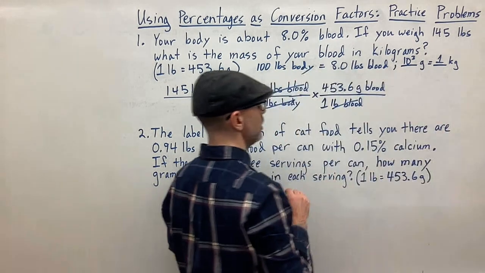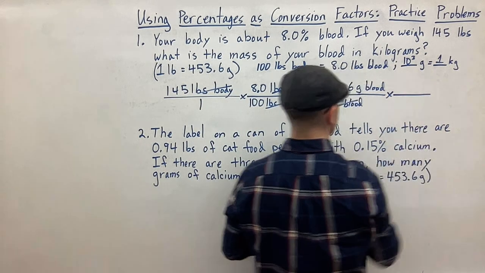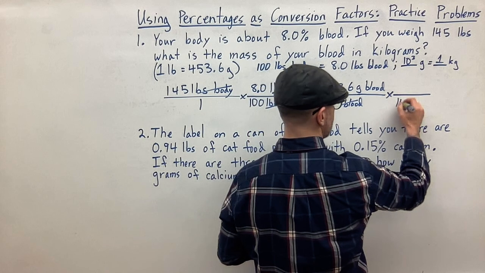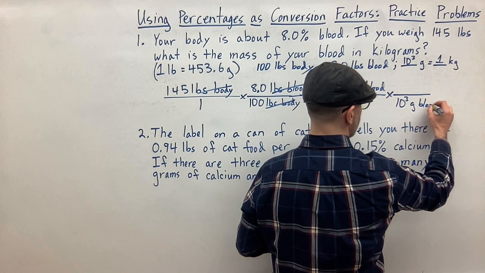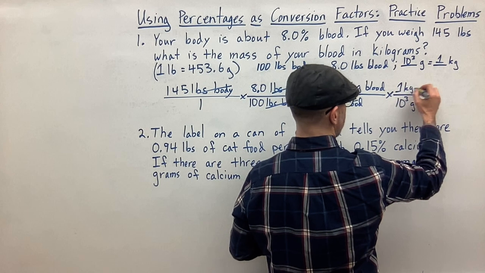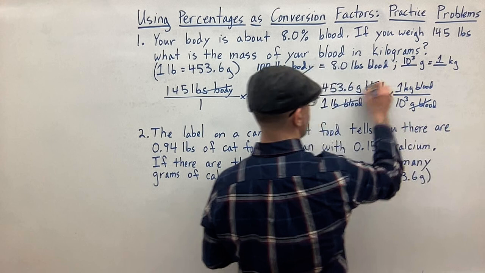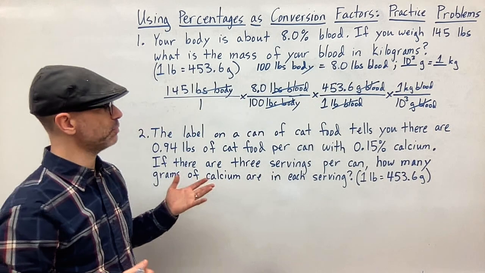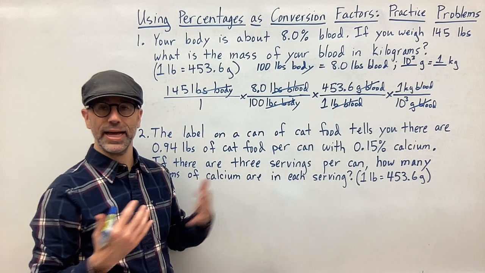So here's my equality, so I can use that as a conversion factor. Grams of blood on the top here, so I want 10 to the third grams of blood on the bottom, and I want 1 kilogram of blood on top. So grams of blood is going to cancel out. I got my kilograms of blood. I am done. So all I need to do is multiply and divide and calculate the answer.